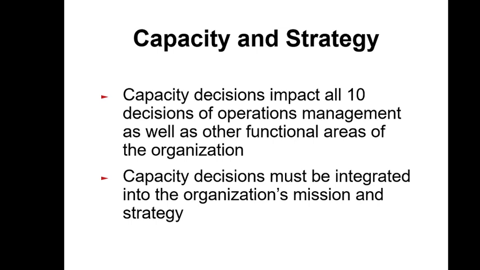What you have to know is the two formulas: utilization is equal to the actual output divided by design capacity, and efficiency is equal to the actual output divided by the effective capacity. Okay, today we will continue.